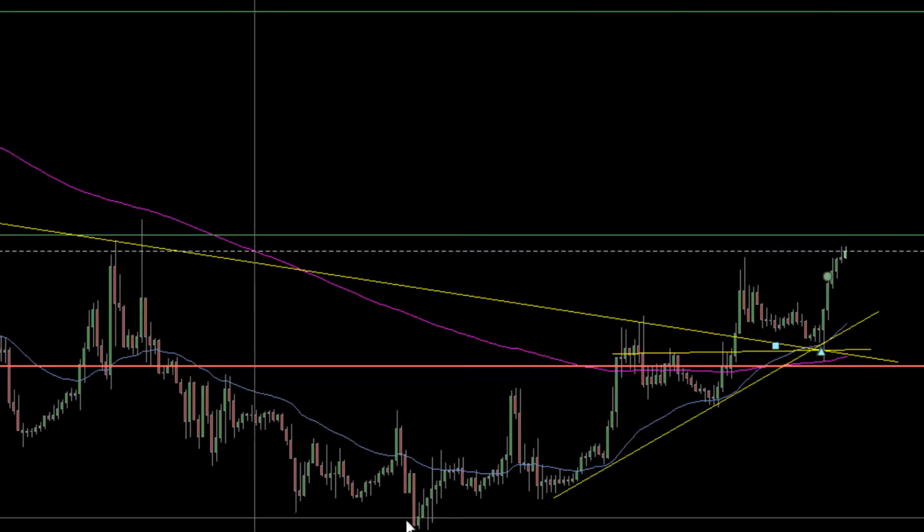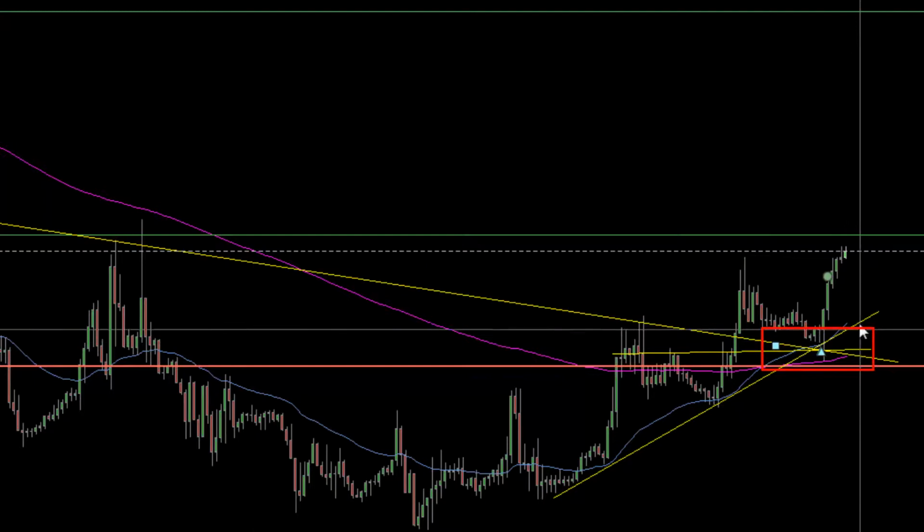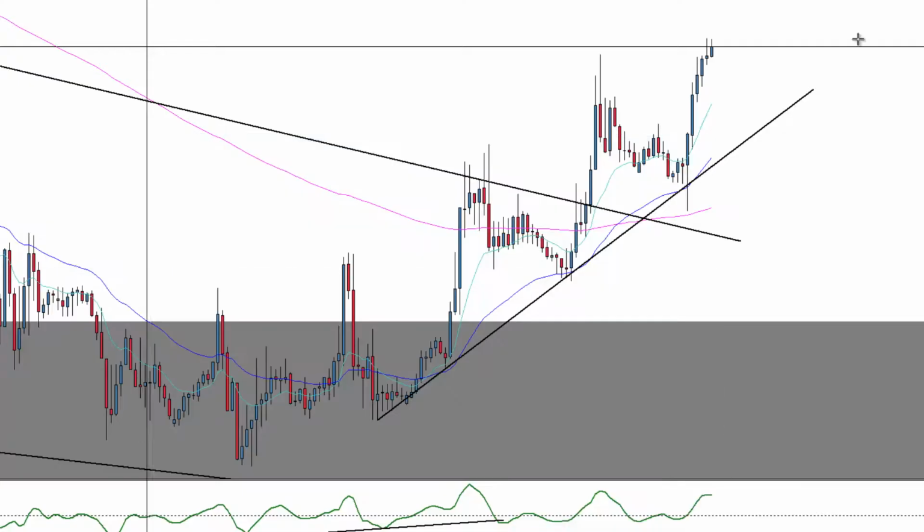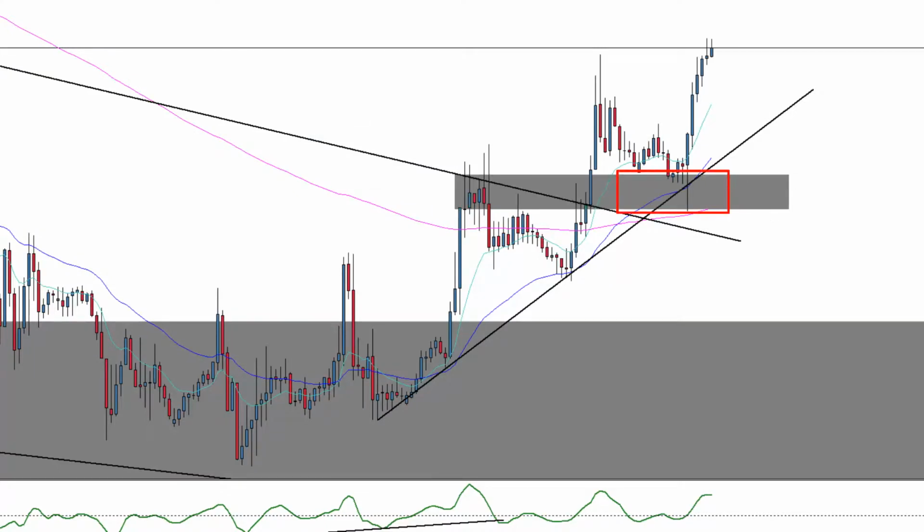So these are multiple indications that this is a powerful zone. So this is where we trade, a powerful buying zone right here.